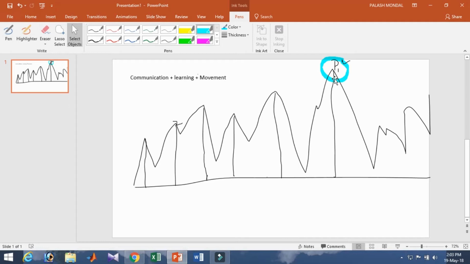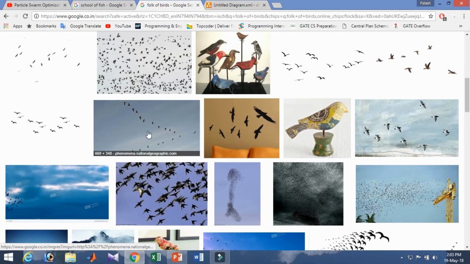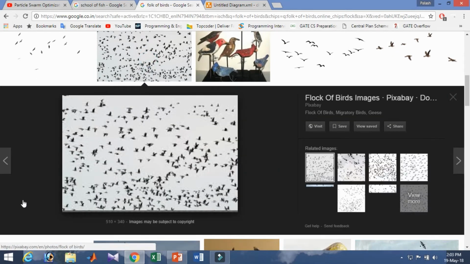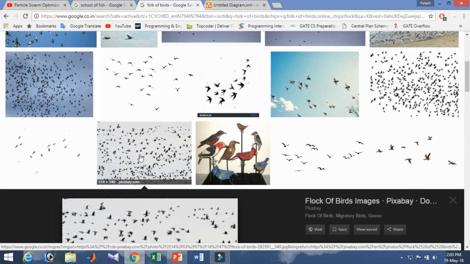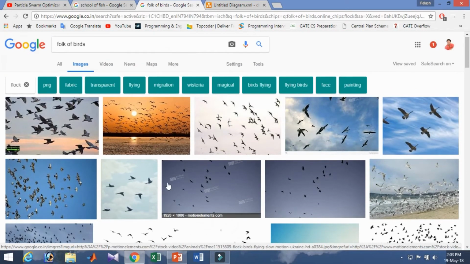So this thing is applicable in particle swarm optimization also. In particle swarm optimization, what happens with the particles? Suppose they are moving from one direction to another direction. Let's talk about a particular thing.